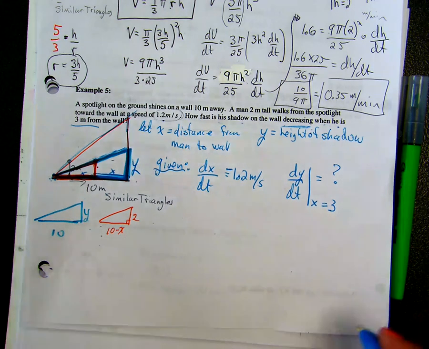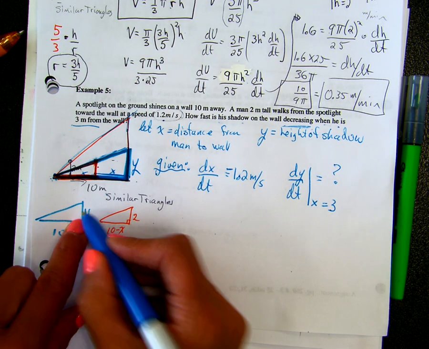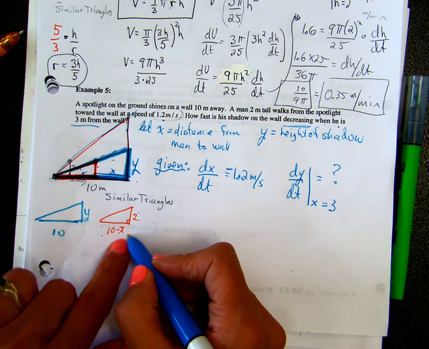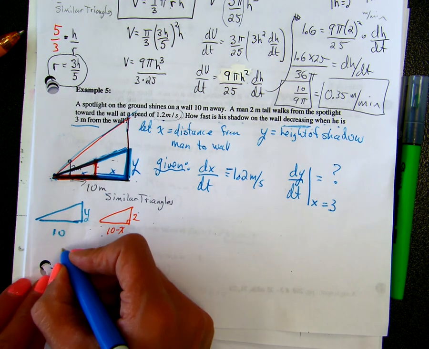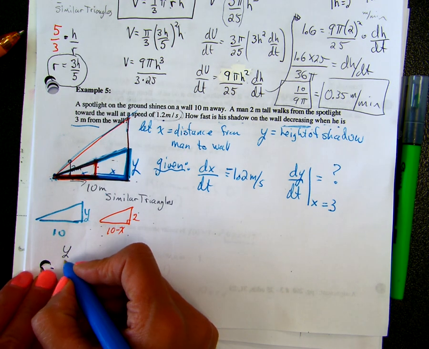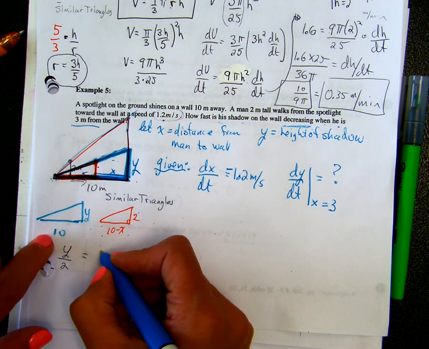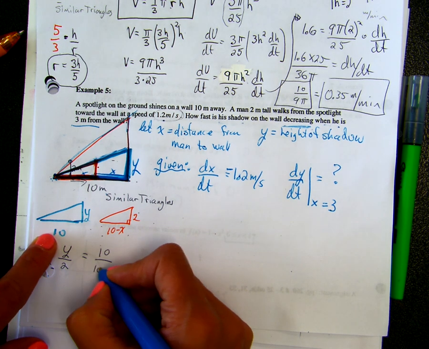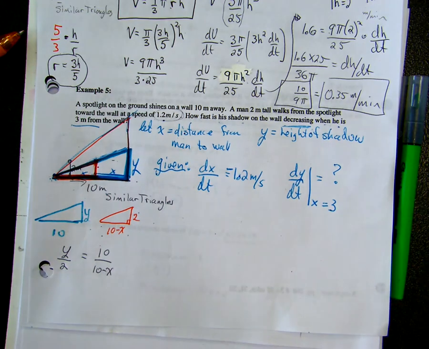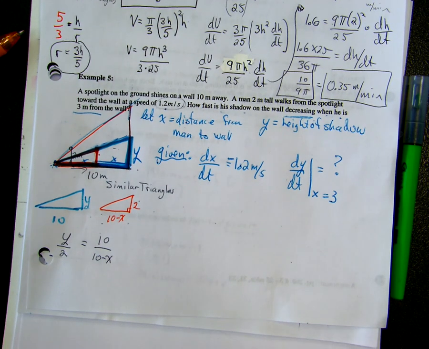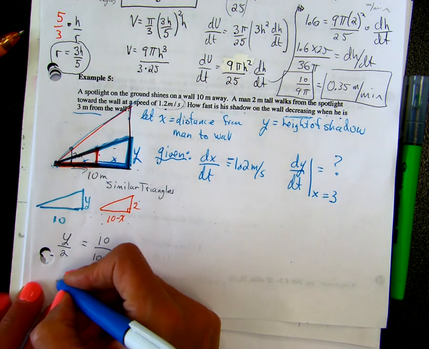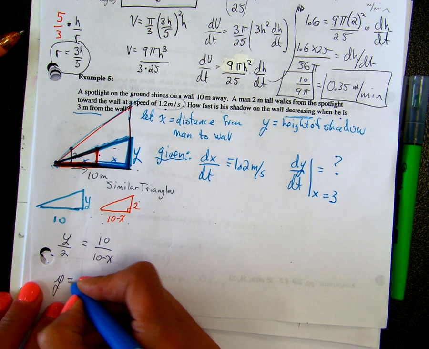So two similar triangles, I could say the height is to the height what the base is to the base. That is y is to 2 what 10 is to 10 minus x. And probably this would be a little bit easier to work with if I wrote it this way.